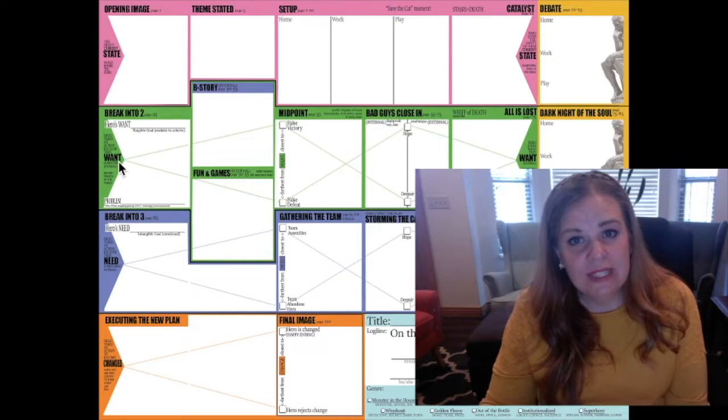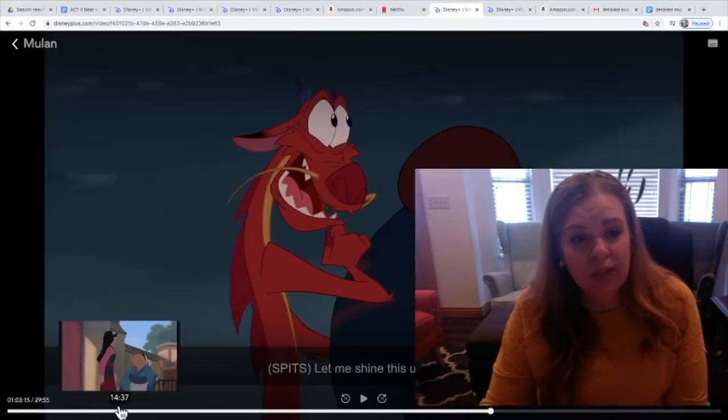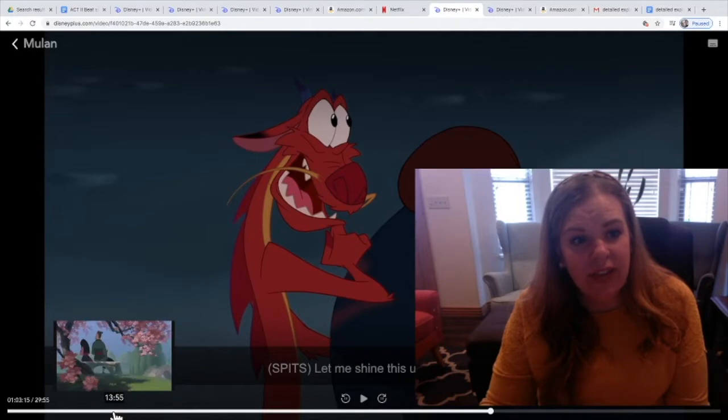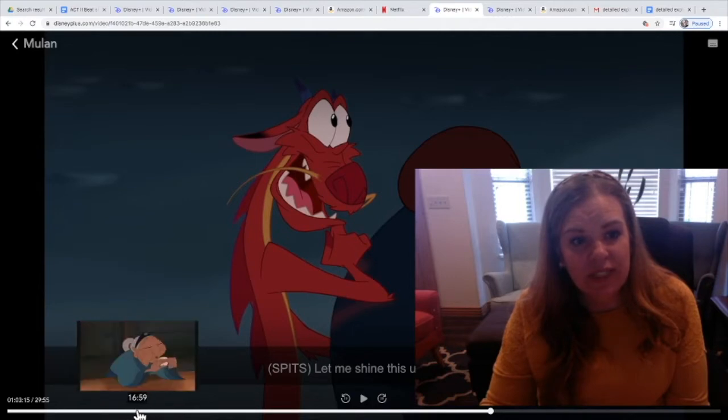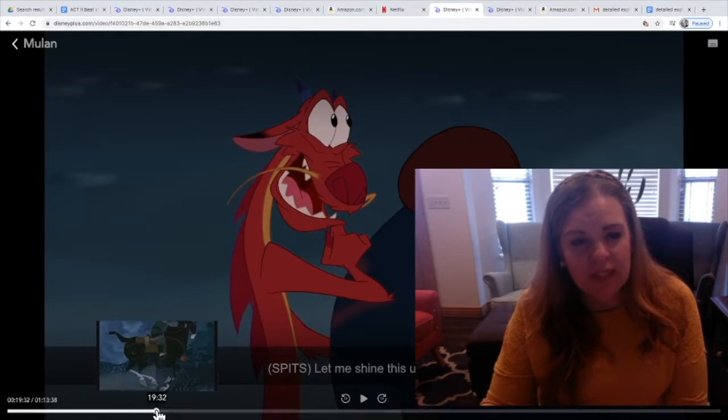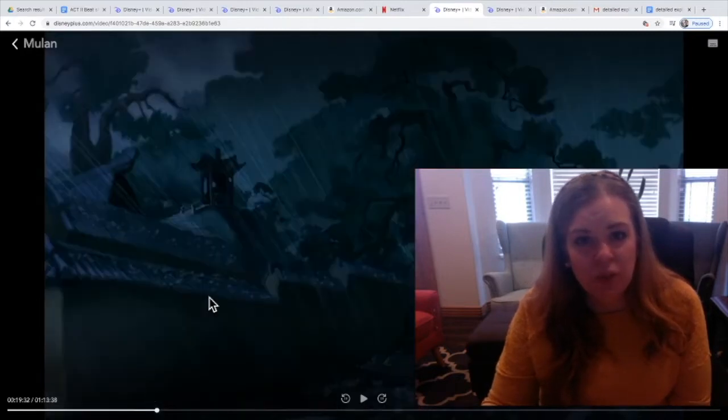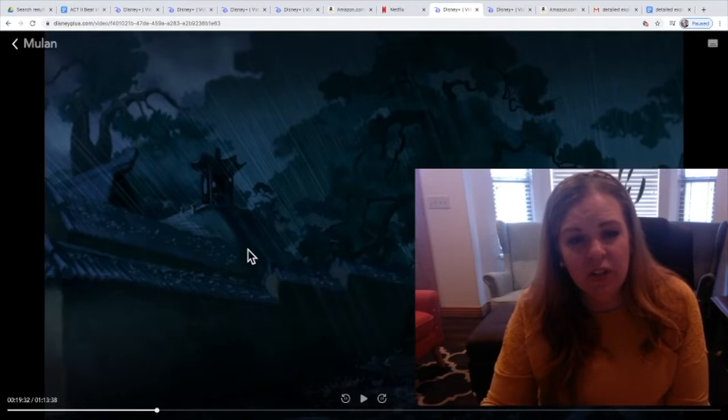He wants to take this job that his wife wouldn't approve of, so that he can relive his glory days of being a superhero. In Mulan, this is where the act break is when she leaves behind being a girl and living at home with her parents and joins the army, and what she wants is to bring honor to her family.